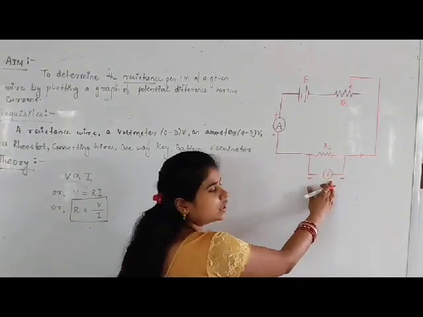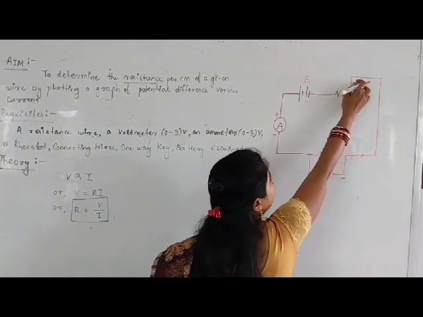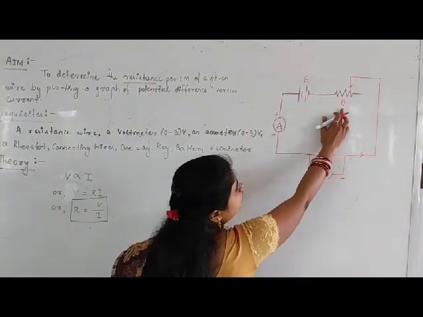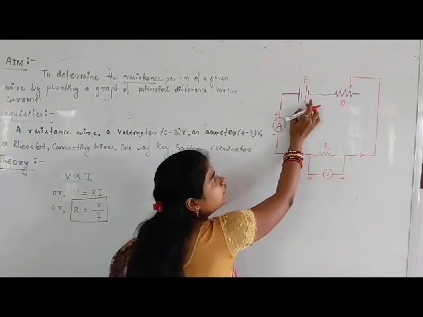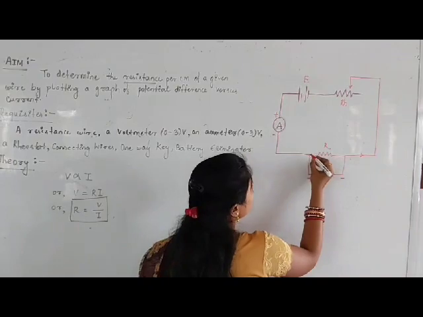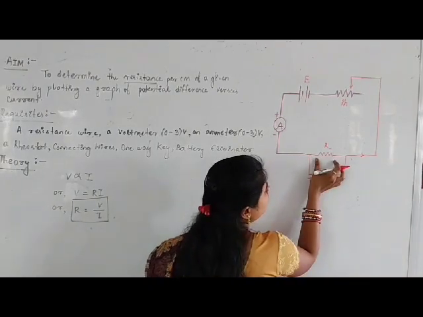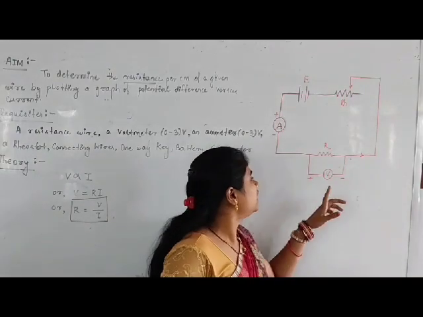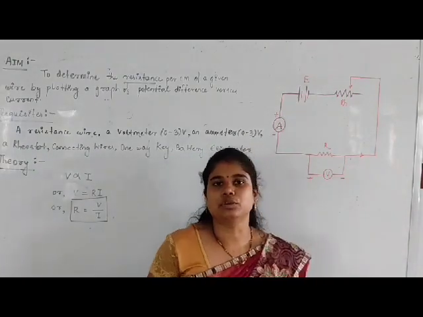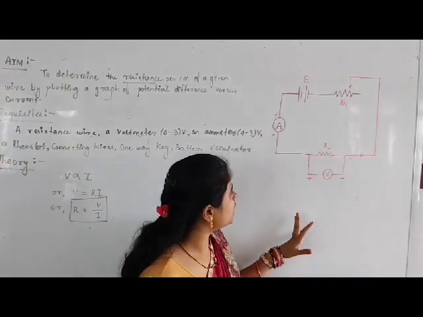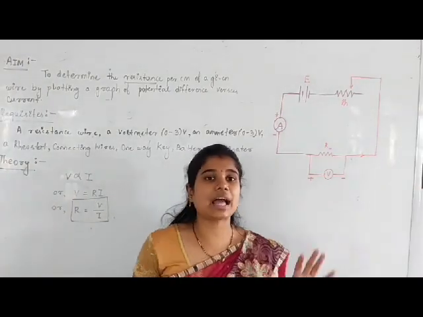The voltmeter's negative terminal will be connected to the upper terminal of the rheostat, and the lower terminal of the rheostat will be connected to the negative terminal of the battery. And the wire of which we have to find the resistance R will be connected in parallel across the terminals of the voltmeter. So that is all about the circuit connections and the experiment.